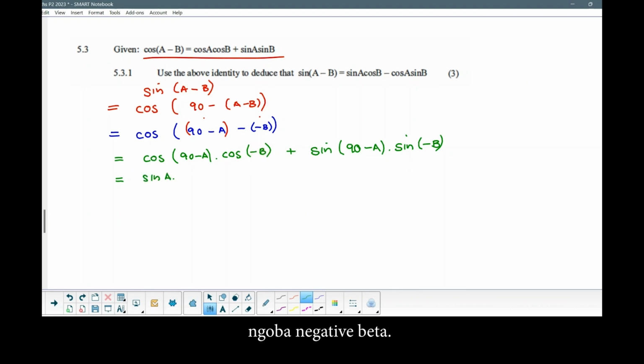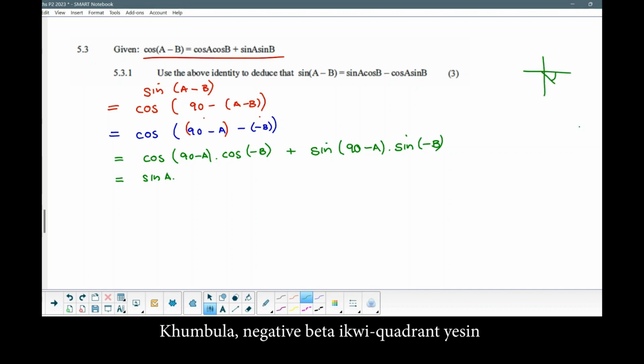Cos of negative beta, remember, negative beta is in quadrant 4. And cos in quadrant 4 is positive, so cos beta.